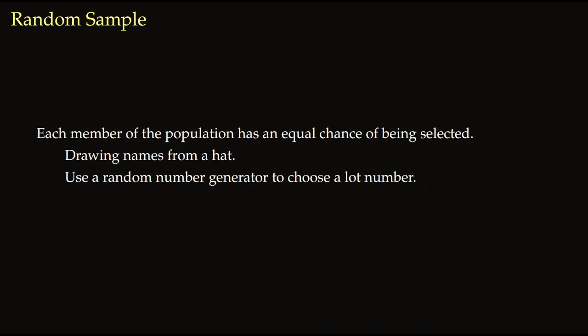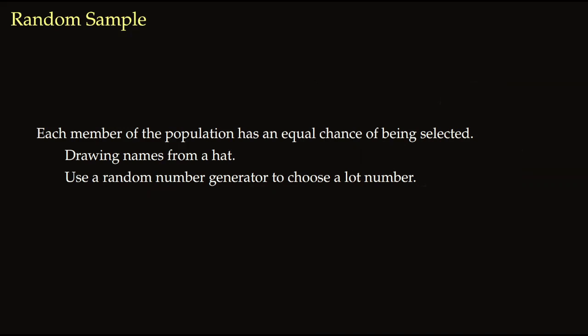Random sampling, I think, is the classic idea, drawing names from a hat or using a random number generator. Every single member of the population has an equal chance of being selected. The advantage of random sampling is that the statistician has absolutely no input on what the sample looks like.